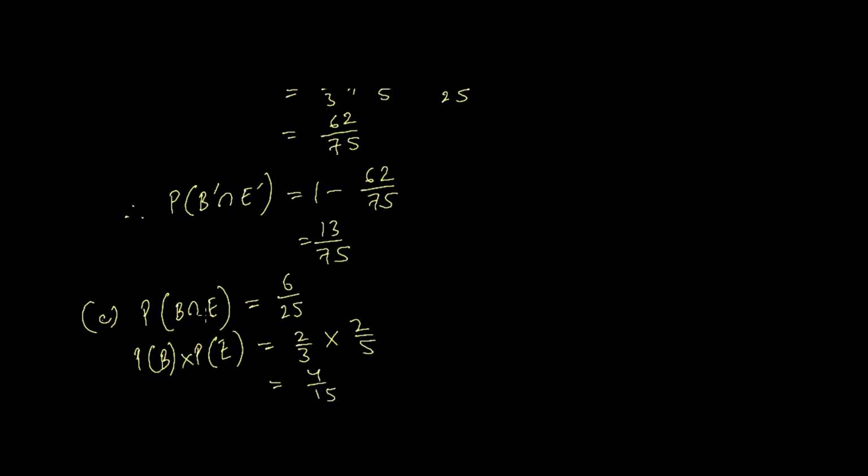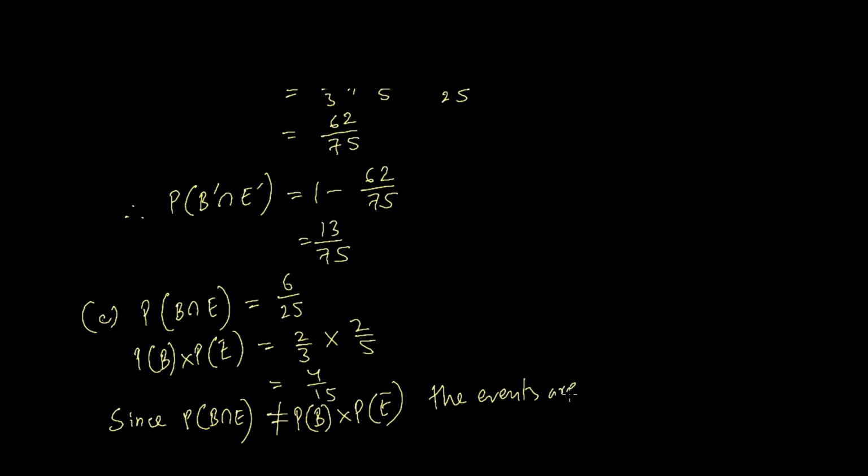Now you see that this and this are not equal, so you write: since probability of breakfast intersection exercise is not equal to probability of B times probability of E, the events are not independent.